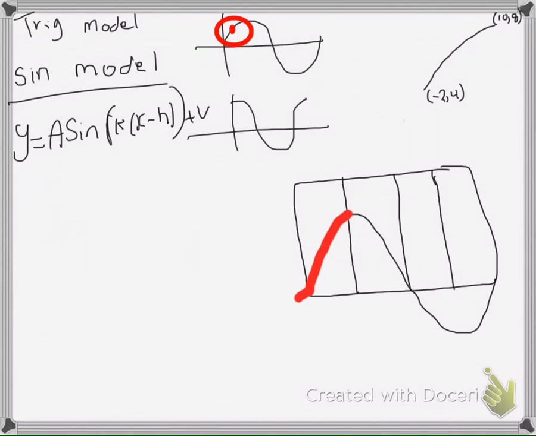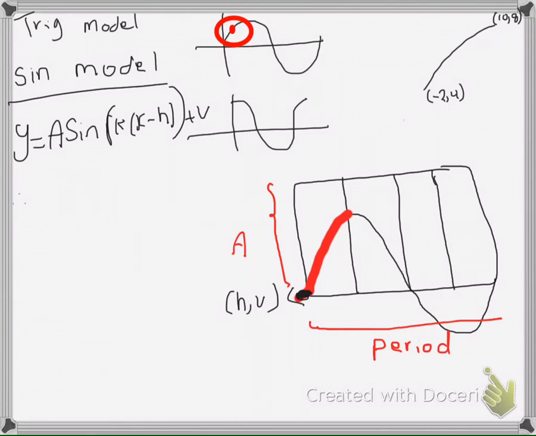The first point is always your h and v, and the highest point gives you your amplitude, and this is your period. That's why h will be -2, v is 4, and the amplitude is 4 because it's going from 4 to 8, so the difference is 4.